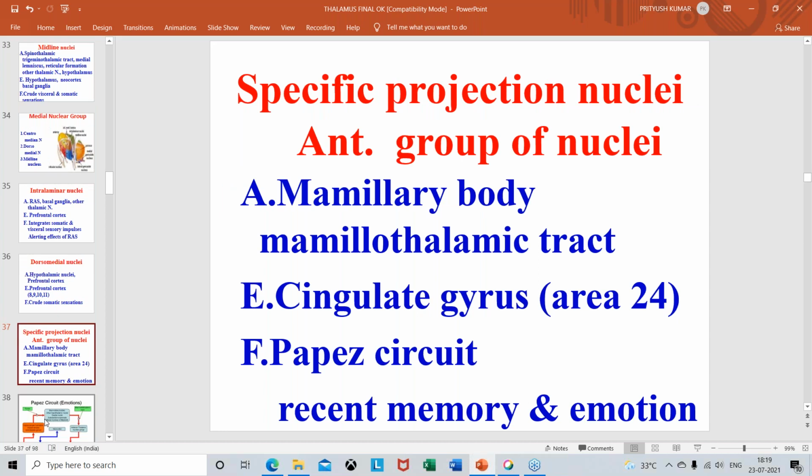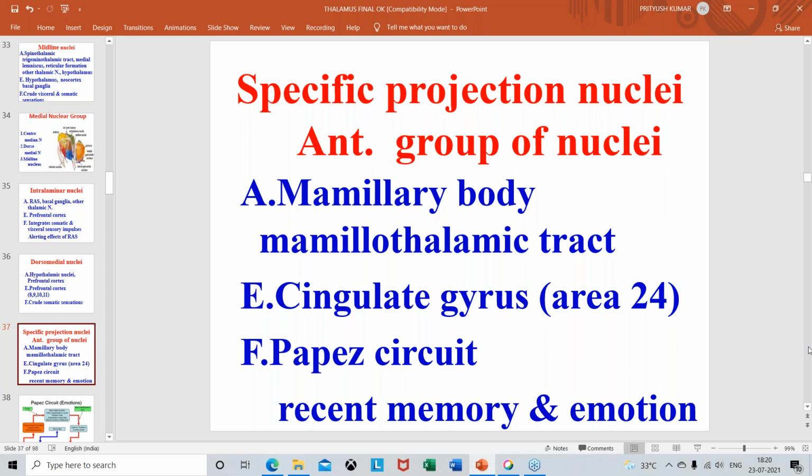After that, we are coming to the specific projection nuclei. The first one is the anterior nuclei. The afferents come from the mammillary body, and the mammillary body is part of the hypothalamus. The tract is known as the mammillothalamic tract.